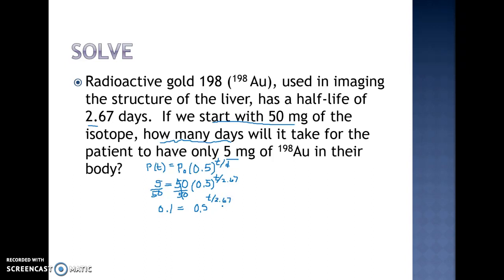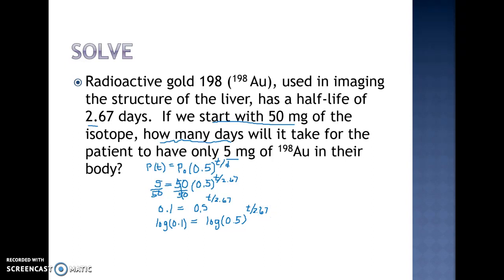Now, like we've done before, this problem contains an unknown exponent. And so the inverse, the way to figure this out, is to change the whole problem into exponents by using a logarithm. So on my left-hand side, I'm going to write log of 0.1 equals log of this whole thing, parentheses 0.5 with an exponent of t over 2.67.